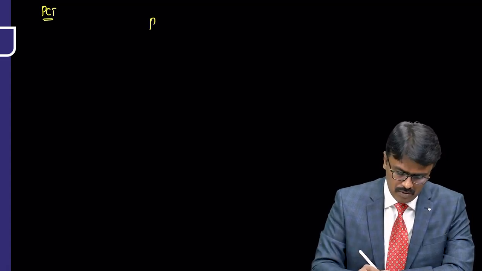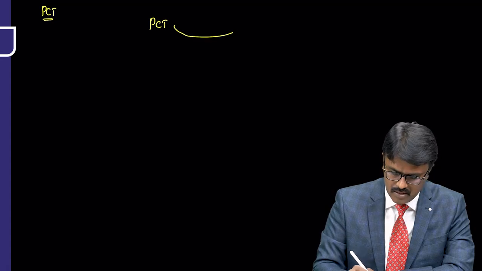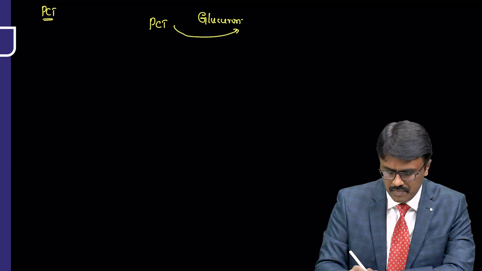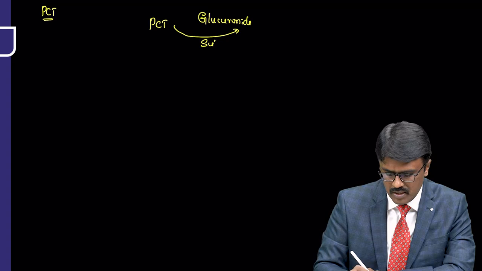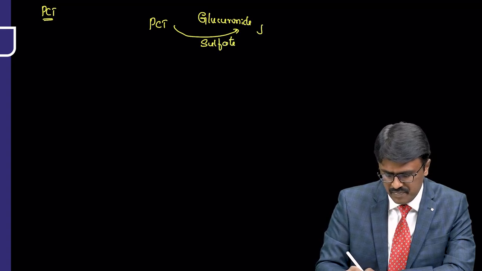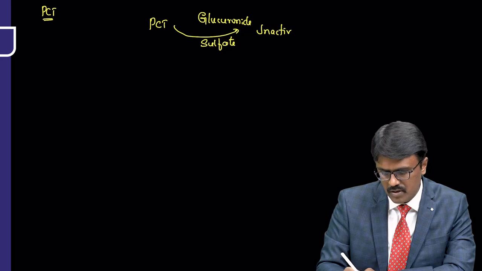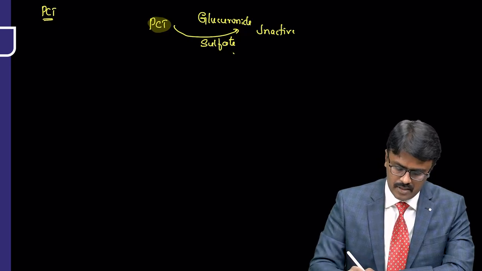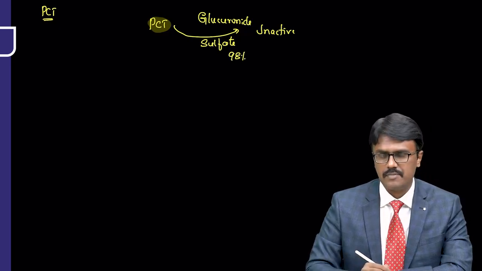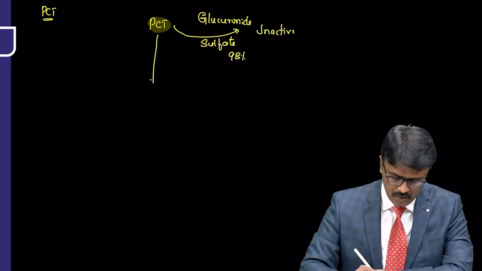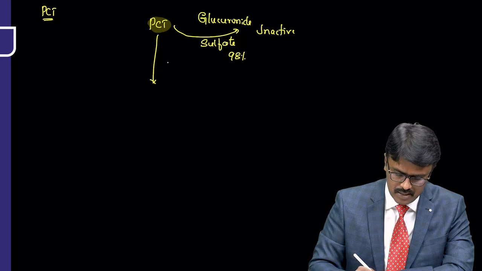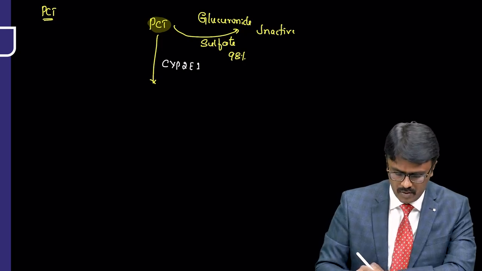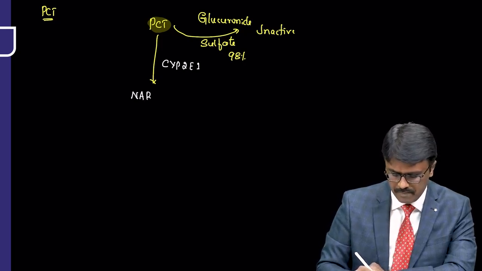Now, when we use paracetamol, it is metabolized particularly by glucuronide conjugation and sulfate conjugation and made inactive. 98% of paracetamol undergoes this reaction. But there is one more pathway, by the enzyme cytochrome 2E1, it is converted into a compound called NABQI.